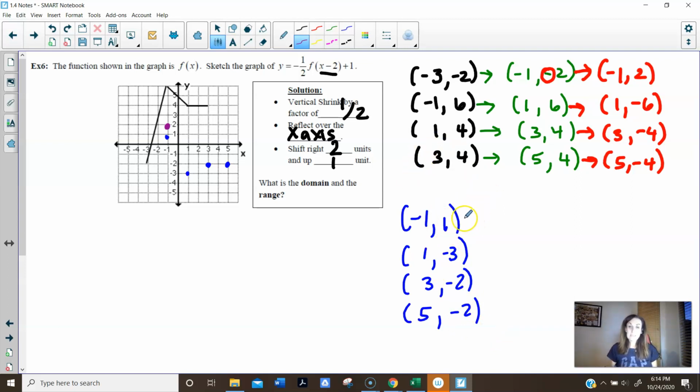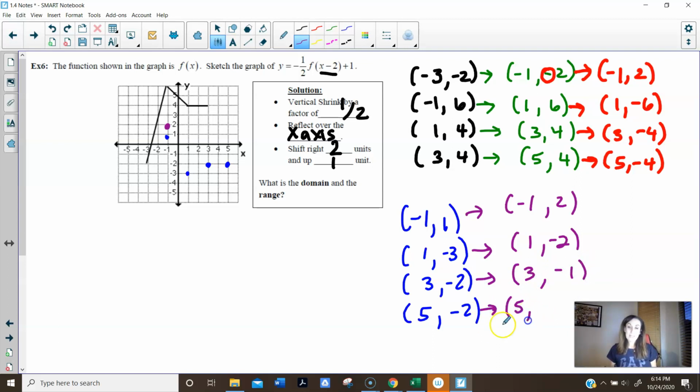All right, so let's do that right now. This is going to be -1, 2. This one would be 1, and if I add 1 to -3, I get -2. If I add 1 to -2, I get -1. And if I add 1 to -2, I get -1.